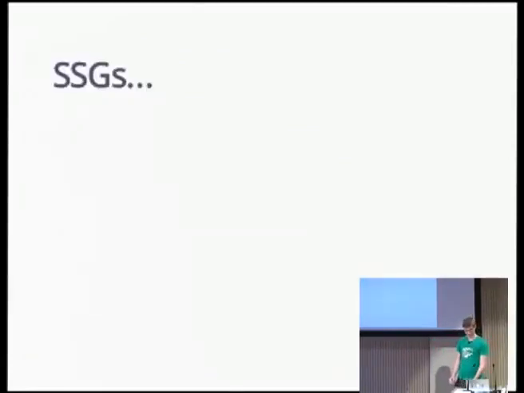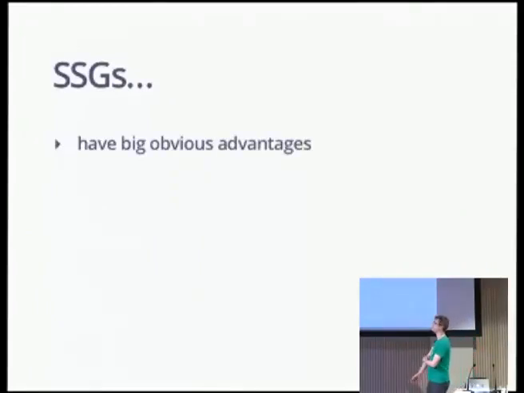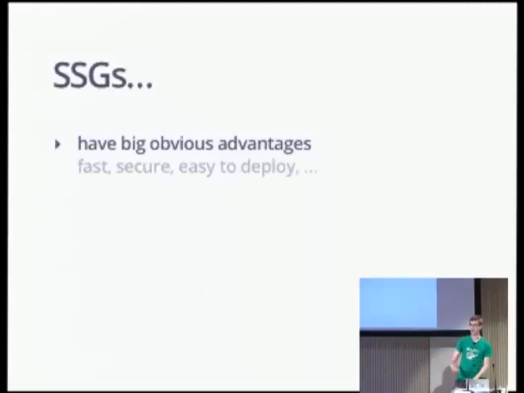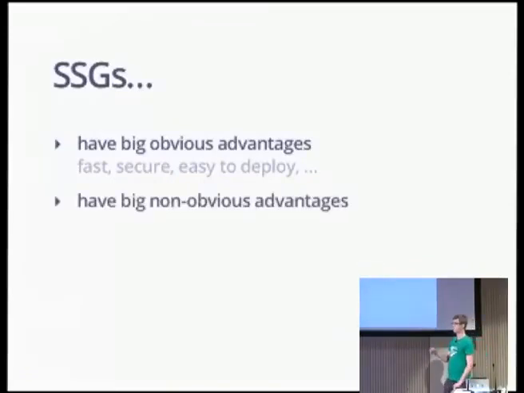So to recap what I've said, static site generators have really big obvious advantages. They are fast, they are secure, very easy to deploy and preview, etc. But they also have some advantages which are not obvious at all on first sight.